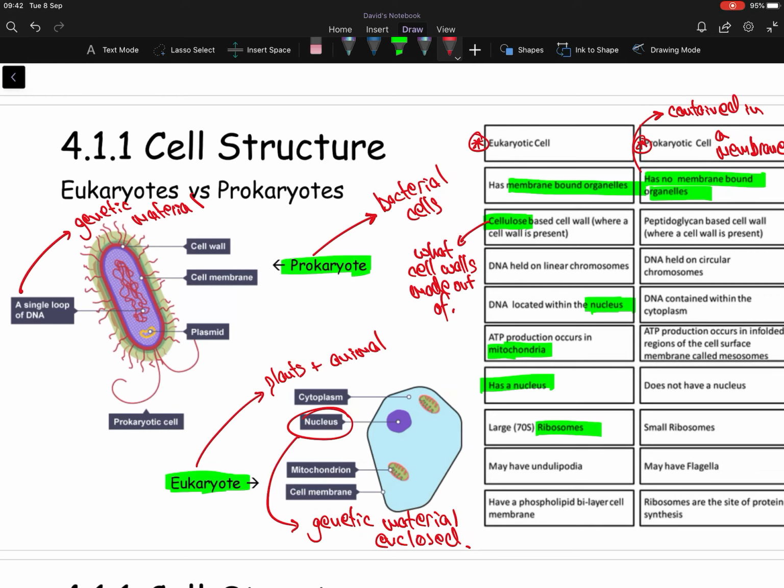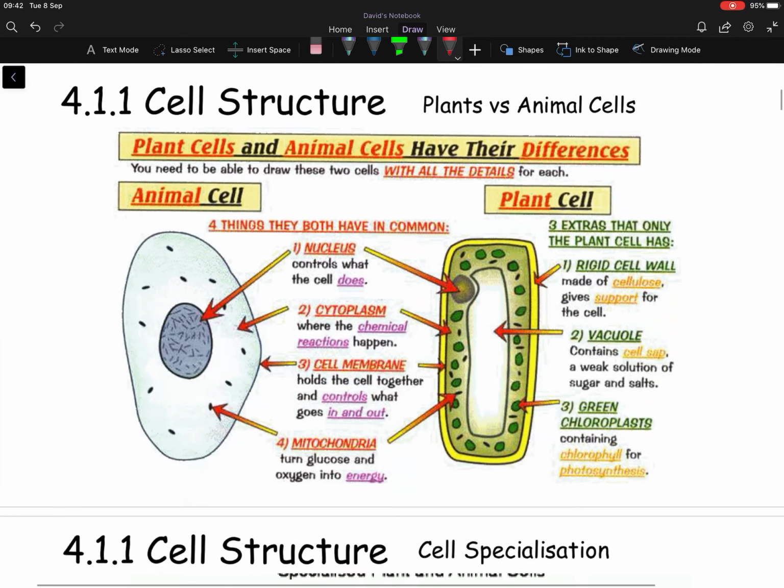And they also might have small rings of DNA called plasmids. So those are the key differences between eukaryotic cells and prokaryotic cells that you'd be expected to know. So have a look at the next recap.